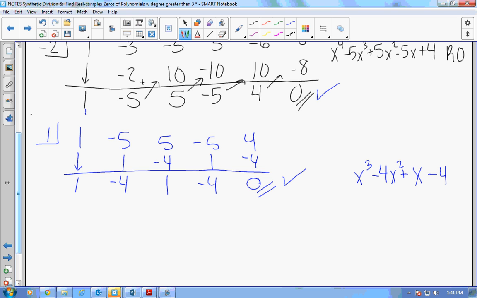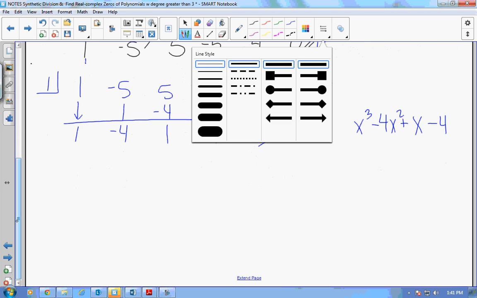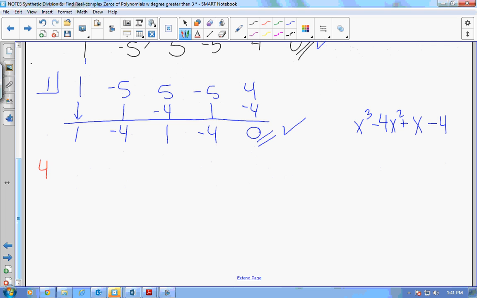We have to keep doing synthetic division until we get down to a quadratic. Our last one to try was a 4? Yes. And I want to use the trinomial. You can do it again to the 5th degree. It's too much work though. Let's use the 3rd degree, not the trinomial, the 3rd degree. Do synthetic division on that one.